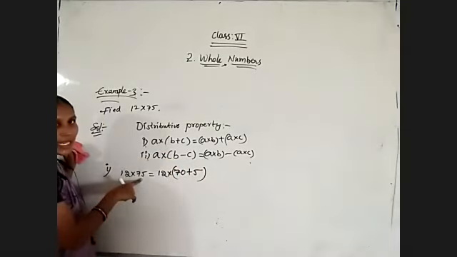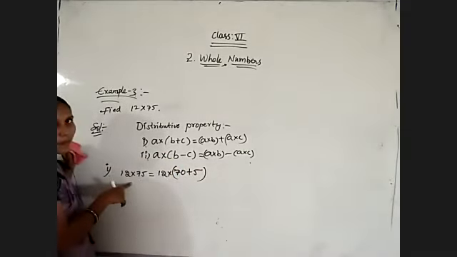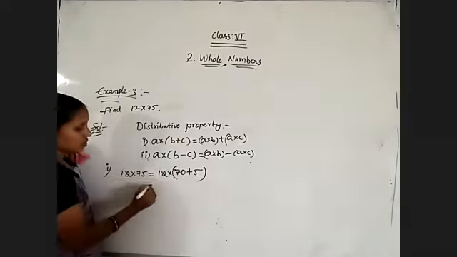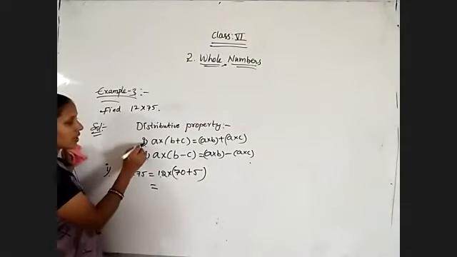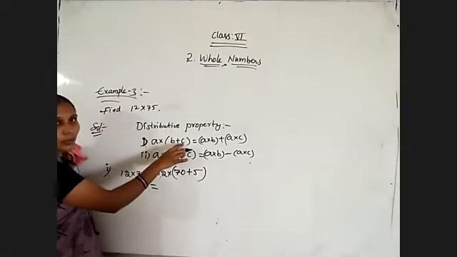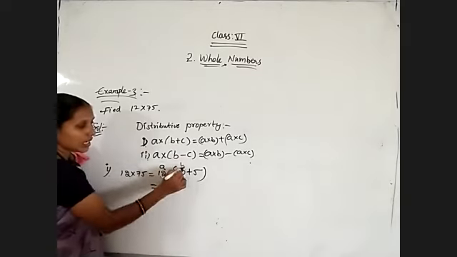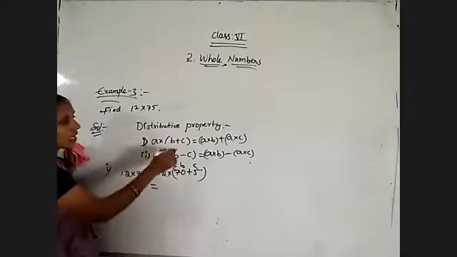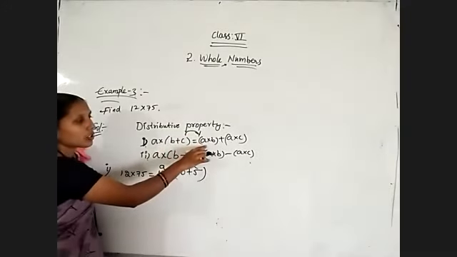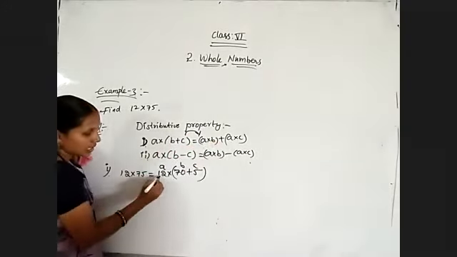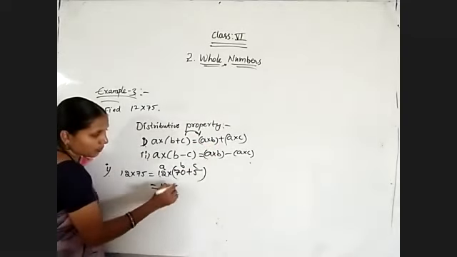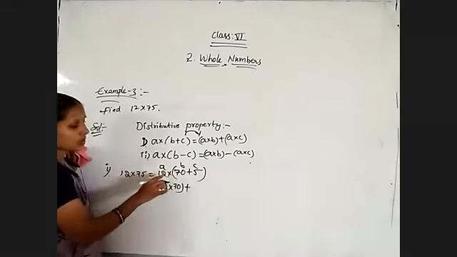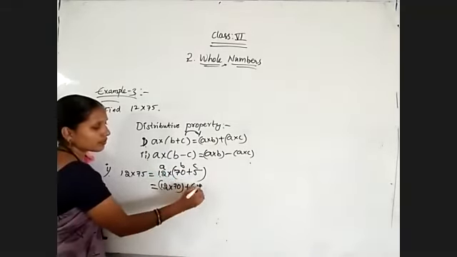We can expand any one of the numbers. So I am expanding the bigger number as 70 plus 5. Now it is in the form A into (B plus C), which simplifies to A into B plus A into C. A value is 12. So 12 into 70 plus 12 into 5.